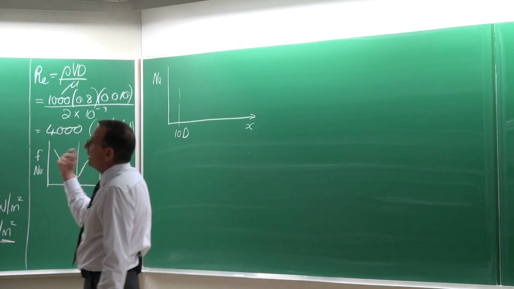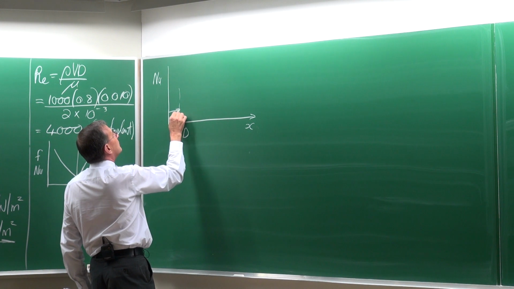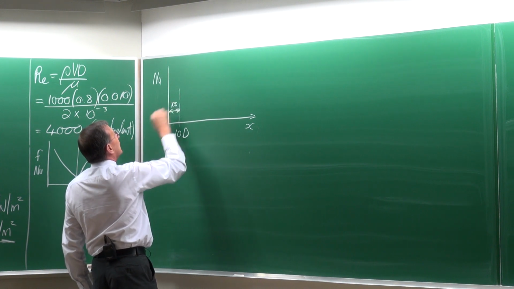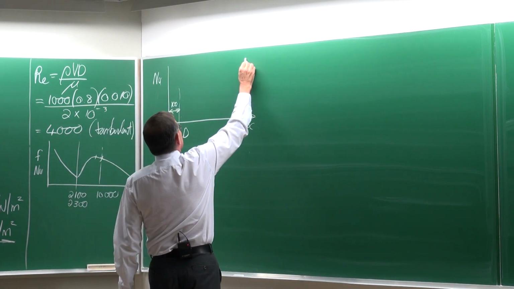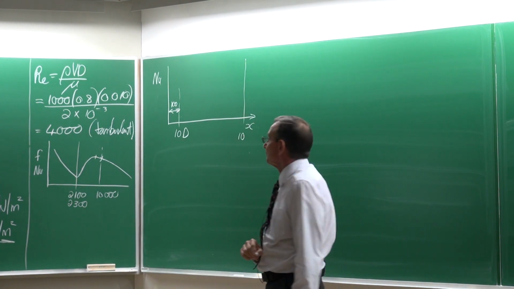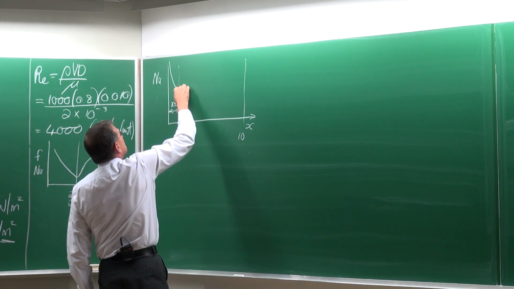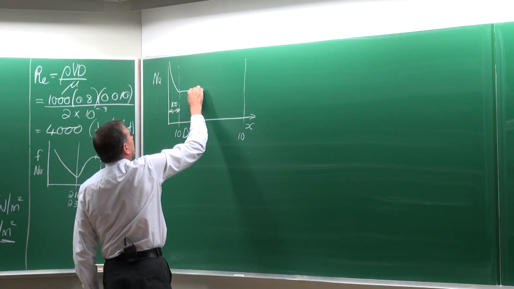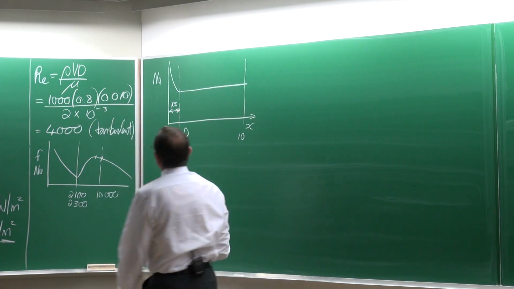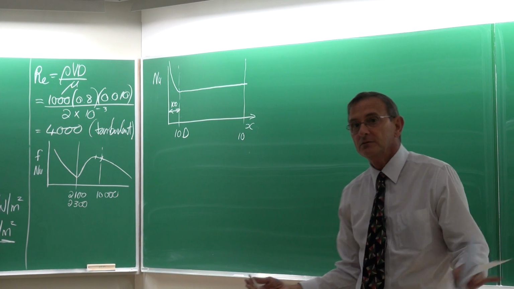So it is 10 diameters, it's 100 millimeters, and this tube length is 10 meters. Therefore, in this first 100 millimeters it will do something like that, but for the rest of the tube, the flow is fully developed.